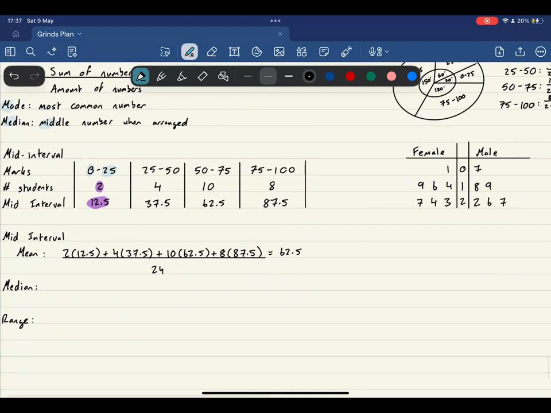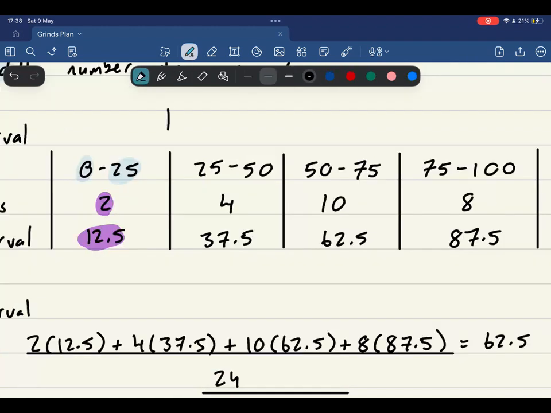That's the mark value. For our median, since there's 24 students, 12 is our median value, so we're looking for our 12th student. Here's our second student, here's our 6th student, and then our 16th student happens here. So our 12th student, which is our middle value because it's 24 students, happens within this box here.